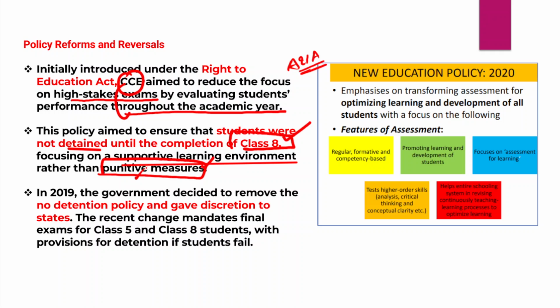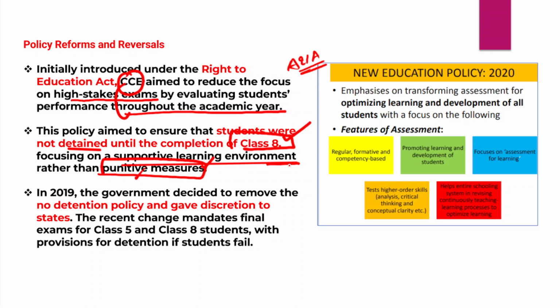However, earlier there was no such punitive measure because at an early age there should be no pressure, and a healthy, supportive learning environment has to be provided to the students.